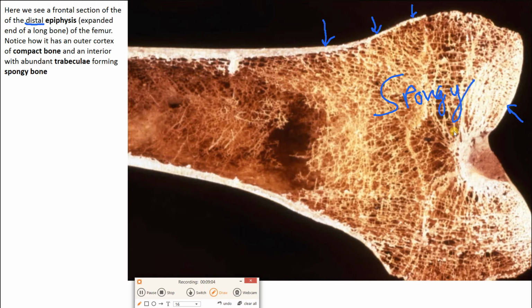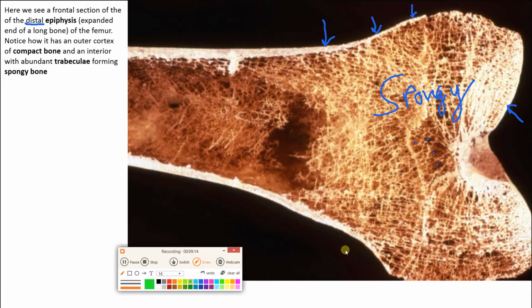And in this spongy bone, we notice two things. We notice a lot of spaces, little gaps in here. Plus, we also notice these very thin bits of bone. These thin bits of bone are called trabeculae. Which I think if you go to the root of the word, it's like a little connection. It's like a little beam. There's a Spanish word that's kind of similar too.